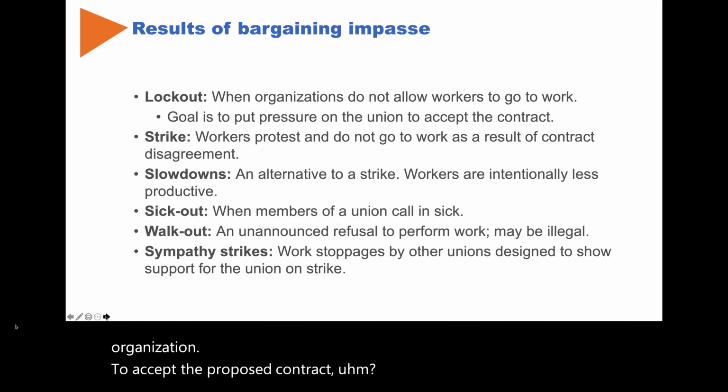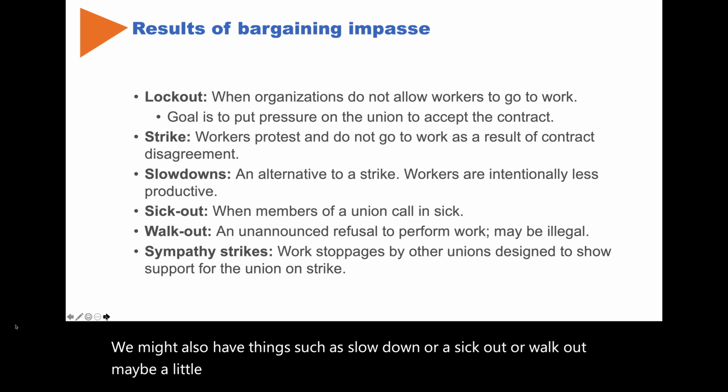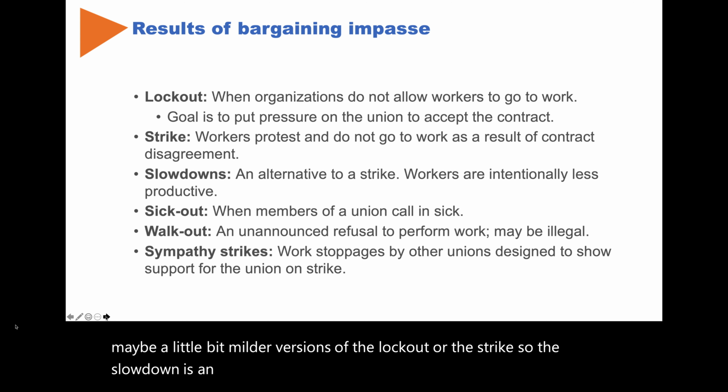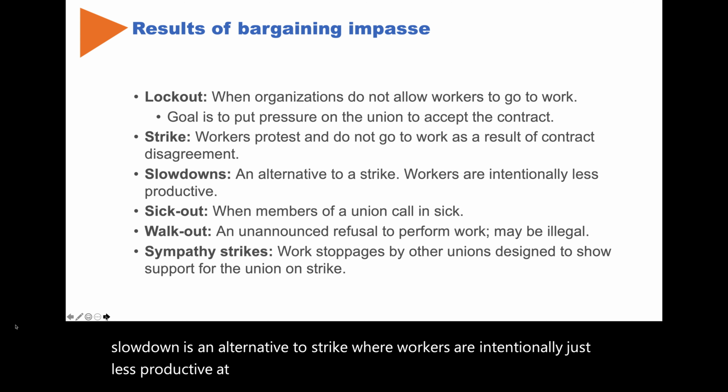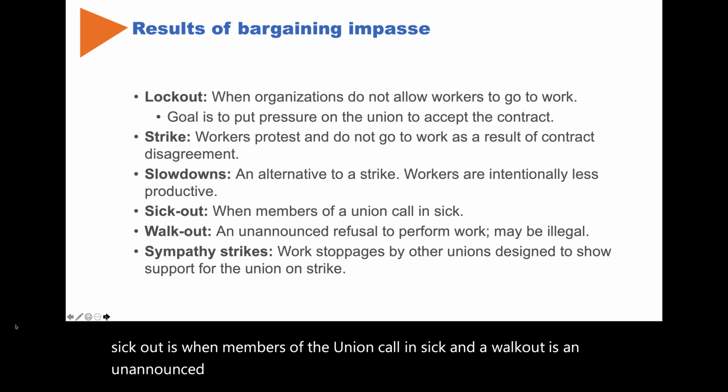We might also have things such as a slowdown, a sick out, or a walkout, maybe a little bit milder versions of the lockout or the strike. The slowdown is an alternative to a strike where workers are intentionally just less productive at work. They do things, but they do them more slowly. A sick out is when members of the union call in sick, and a walkout is an unannounced refusal to perform work.